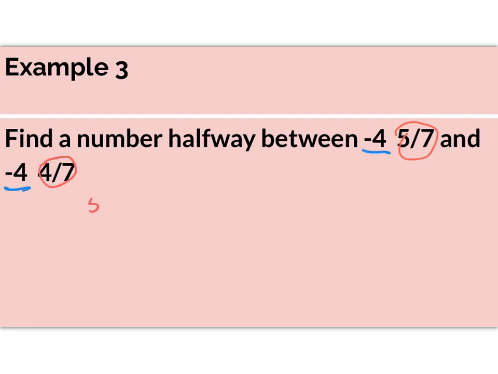So if we take 5 sevenths plus 4 sevenths, we get 9 over 7, then divide that by 2. We should come up with the same thing. And then we just add our 4 to it. Halfway between: you add the numbers and divide by 2. That's how you get the halfway point.